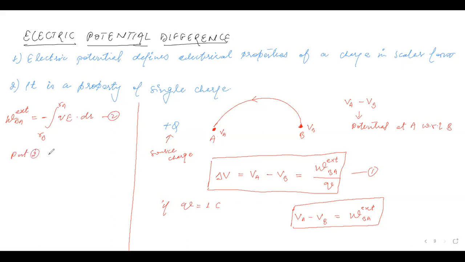Now put equation 2 in equation 1, we get delta V is equal to VA minus VB is equal to minus Q integration of E dot dr from RB to RA over Q. Q is cancelled with Q. You get delta V is equal to VA minus VB is equal to minus integration of RB to R.